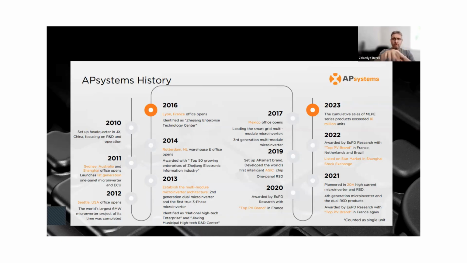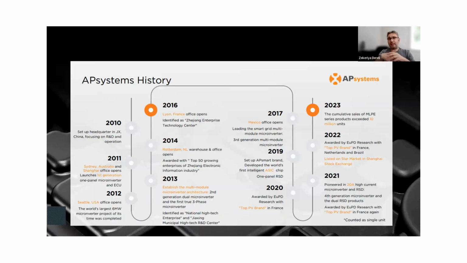So just to go over the history, established in 2010, came to the US in 2011 with our first generation single module microinverter. Then in 2013, we came with a true three-phase microinverter as well as dual input micros. And in 2019, we opened up our RSD division called AP Smart to serve the market for the rapid shutdown requirements.